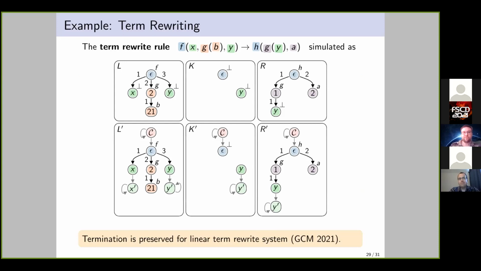The problem with termination preservation is really that if you want preservation of termination globally on all graphs, then it breaks down, because if you have two disconnected components in the graph, then you can map a disconnected component into this Y prime, and if you duplicate this, then the entire disconnected component would be duplicated.